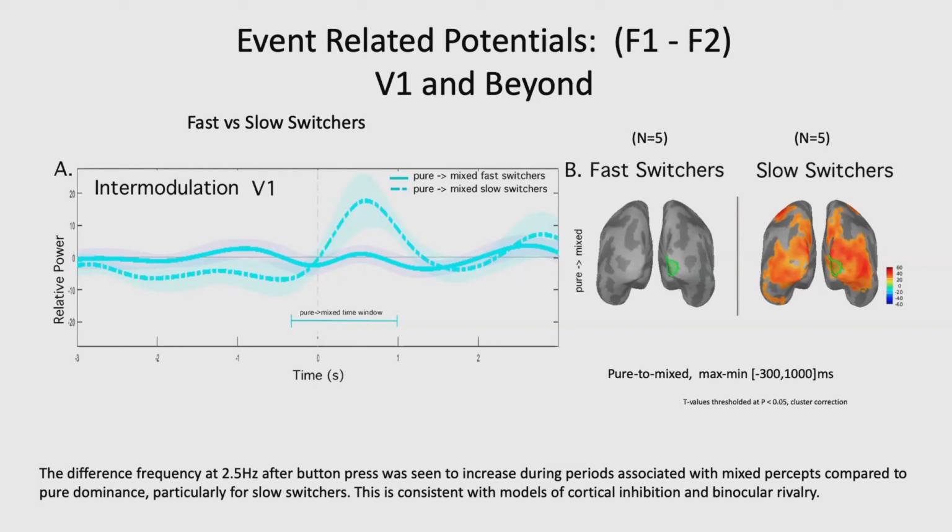Our design had some limitations here, but we were able to sort trials in which there were mixed percepts separately from trials in which there were not mixed percepts. So what we found was that only for trials that included mixed percepts and only for the slow switchers did we find this particularly robust power at the intermodulation frequency.